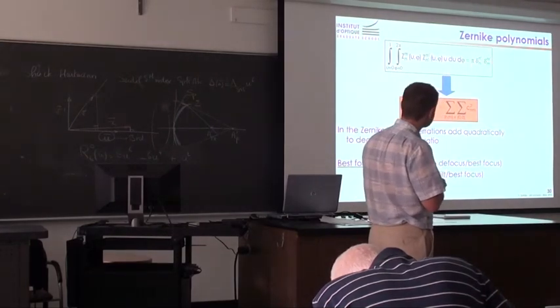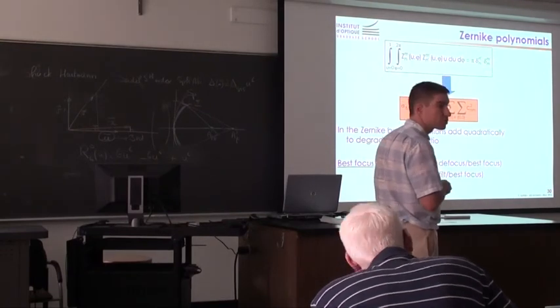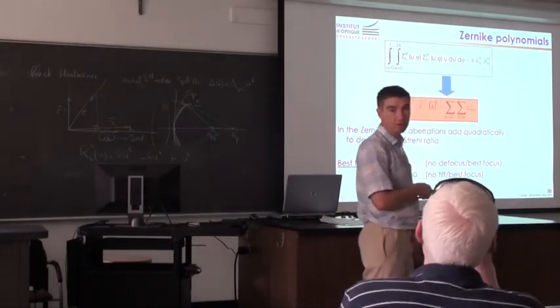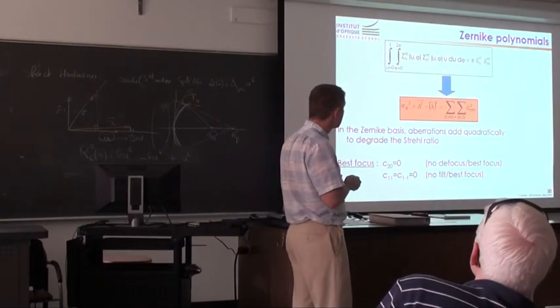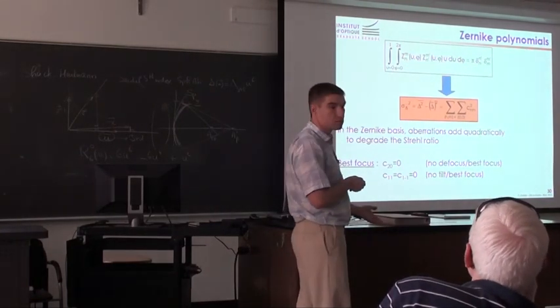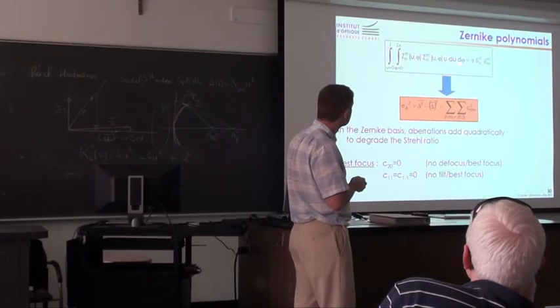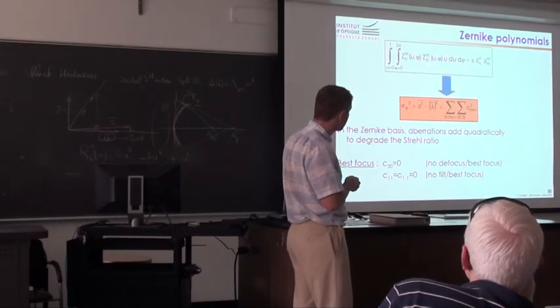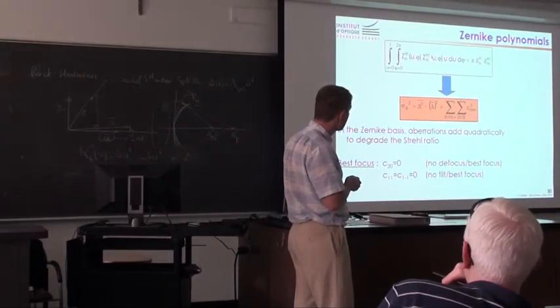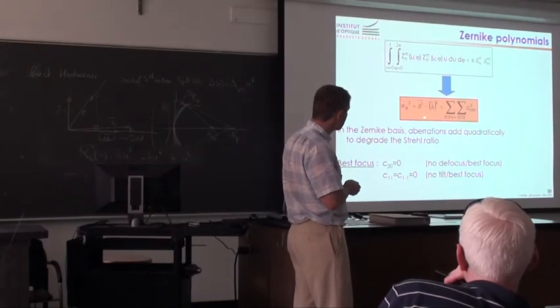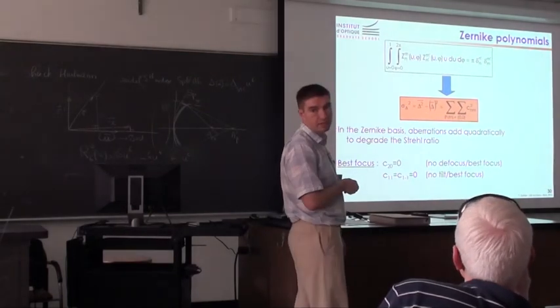And this integral is 0 if n differs from n prime and m differs from m prime, and it's equal to a constant, pi, if they are the same. And so going from here to there is just a one-line calculation.